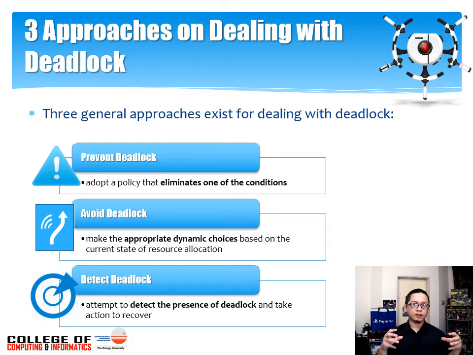So you look at available resources and perhaps make a calculated decision on which process can get the resource first. And the third is to detect deadlock and take action if deadlock happens. So you have the prevention method, the avoidance method, and the detection method.